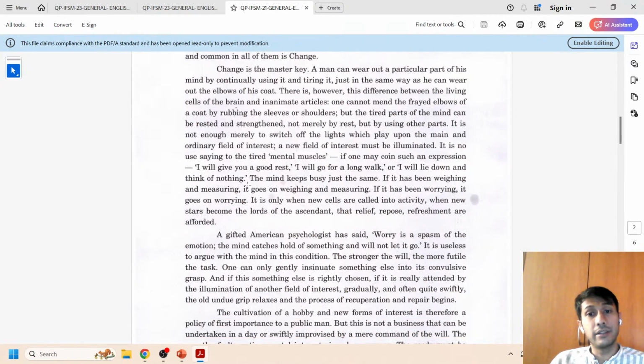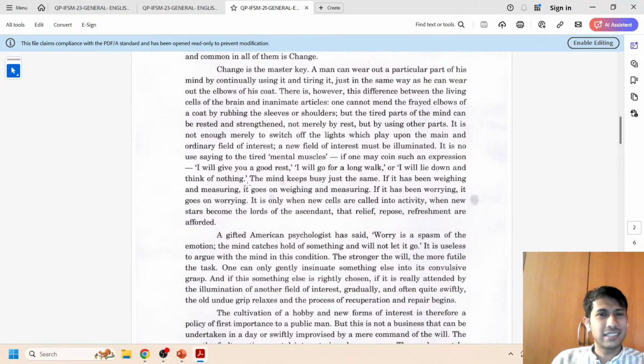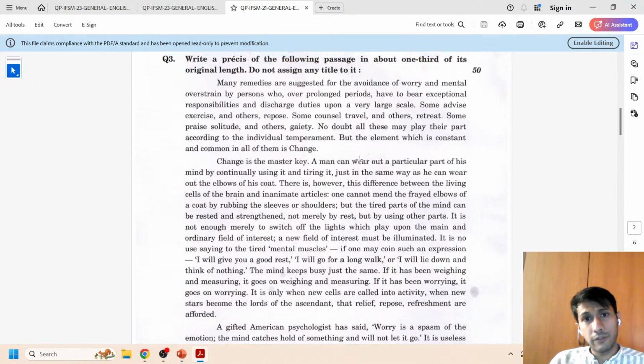Take time to read. And here, the examples and jargons do not matter. Key ideas matter. Every paragraph will have one key idea, especially if the paragraph is of 4-5 lines or 5-6 lines.